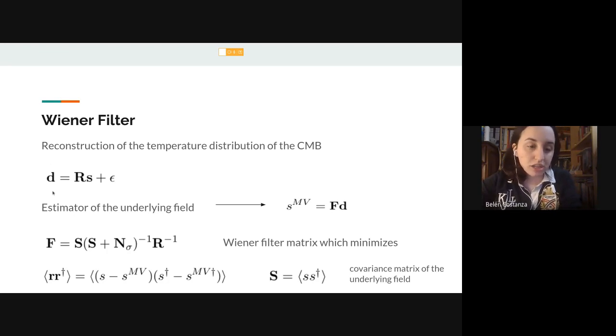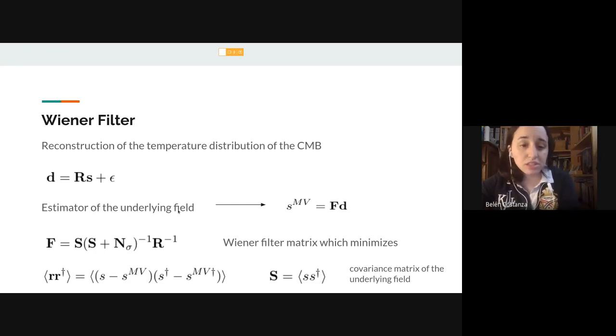Suppose that we have a set of measurements or observations of an underlying field, which I call S, and the data can be modeled as a linear combination of the underlying field. Here the matrix R is a response matrix that represents the measuring procedure, and epsilon is the statistical uncertainty related to the data.